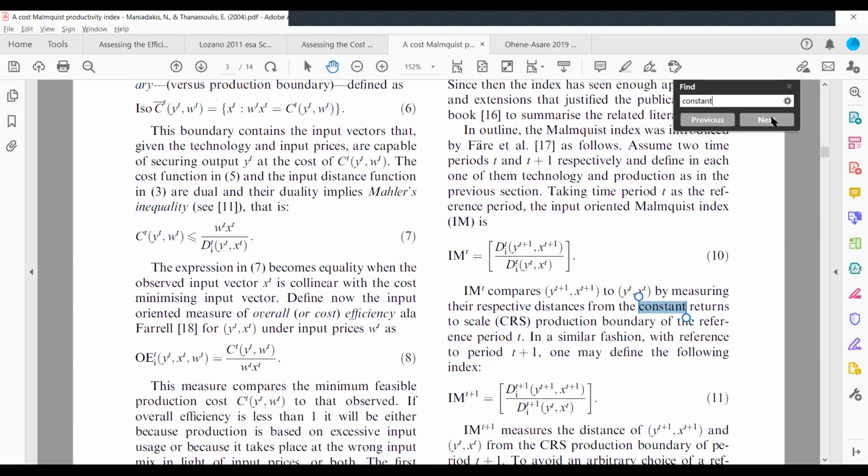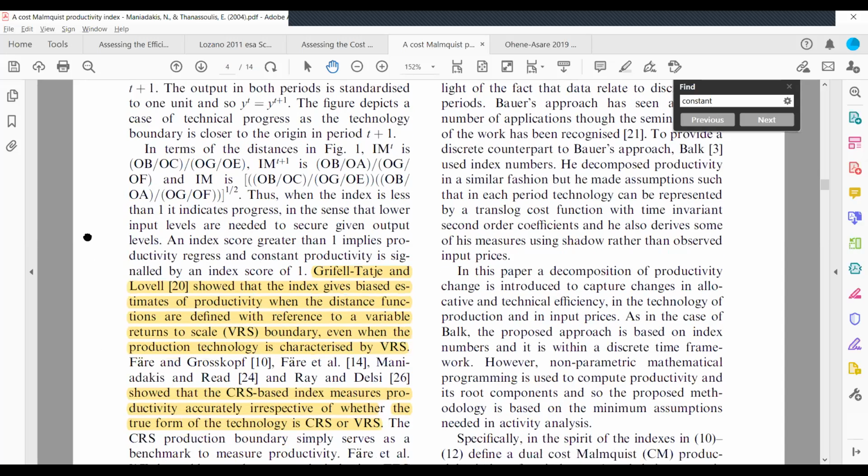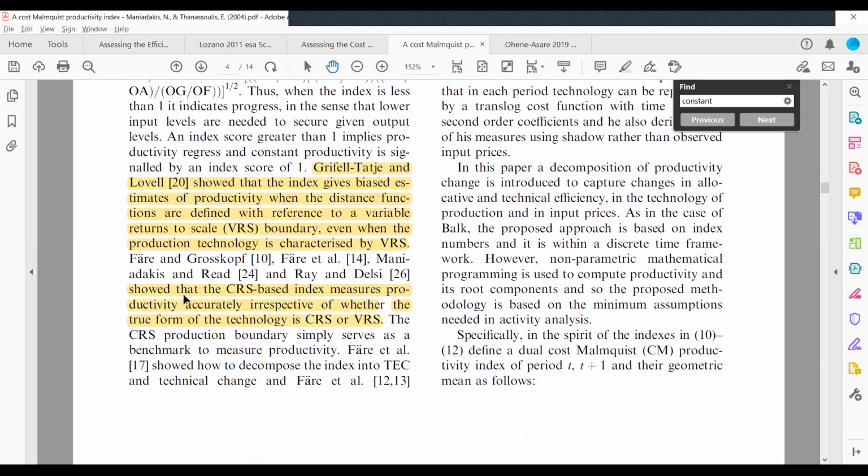Did you see that? An index score that implies productivity regress is signified by an index of 1. And then he says that the index gives a biased estimate of productivity when defined with reference to VRS, even when the production exhibits VRS. Desley and School measure productivity correctly, using both VRS and CRS.